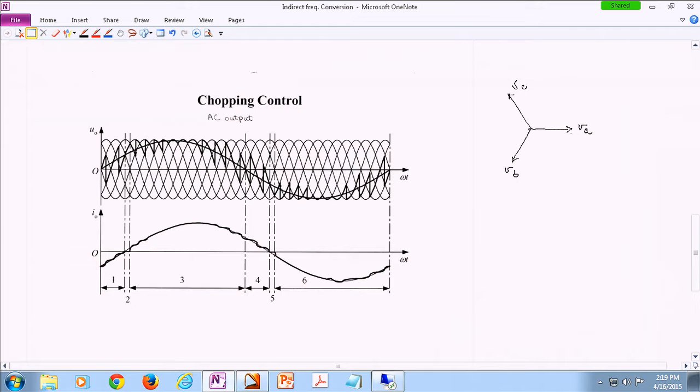And then line-to-line voltages in terms of magnitude are a square root of 3 times these guys. Like this one is VA minus VB or VAB.